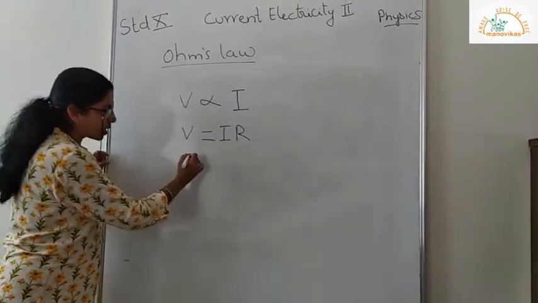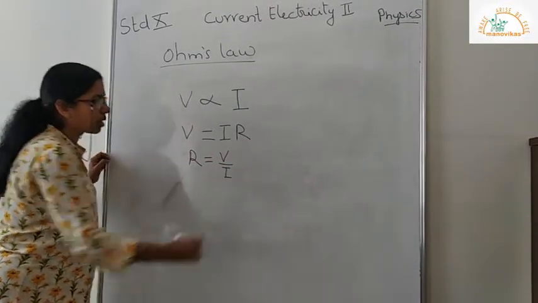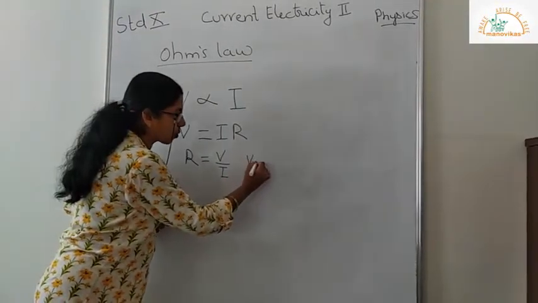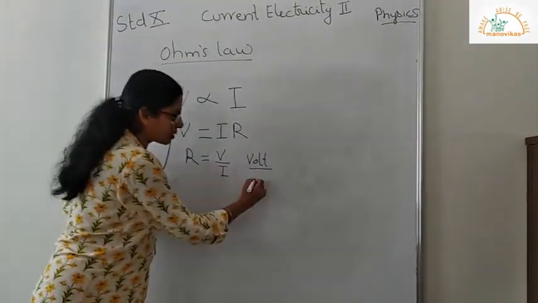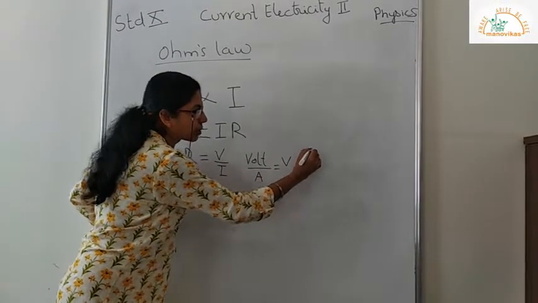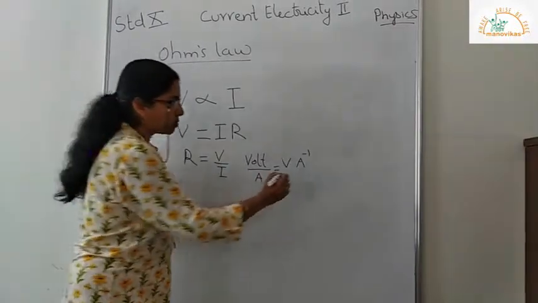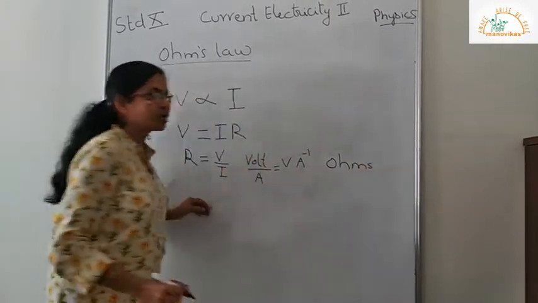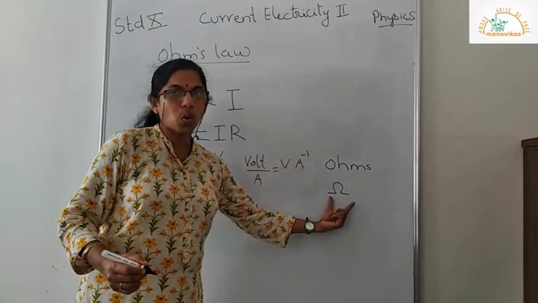In terms of R, I can write R is equal to V upon I. The unit of V is volts and the unit of I is amps, that is A. So I can write it as volt per amp, and this volt per amp is nothing but ohms, abbreviated using the Greek symbol omega.